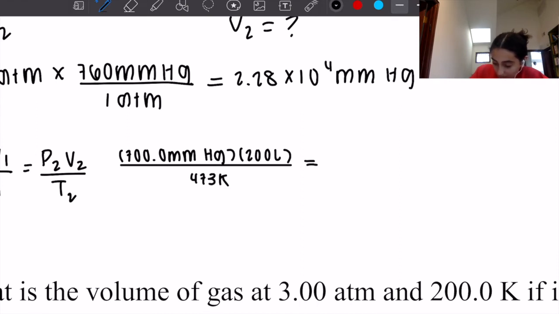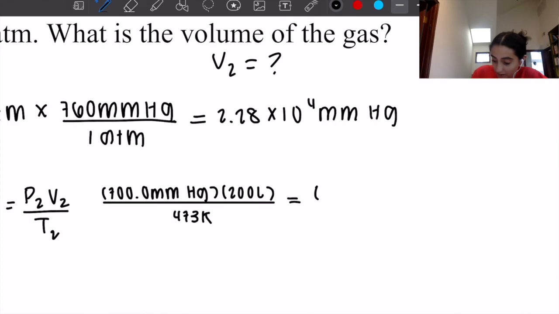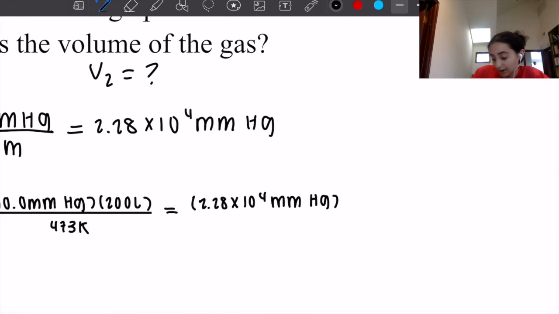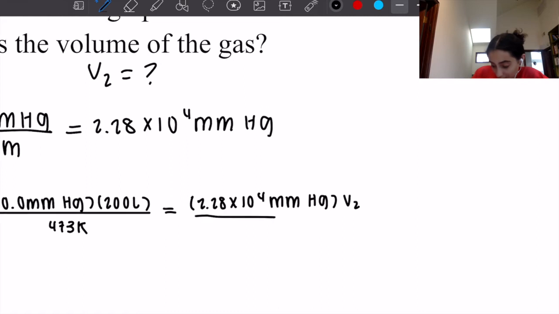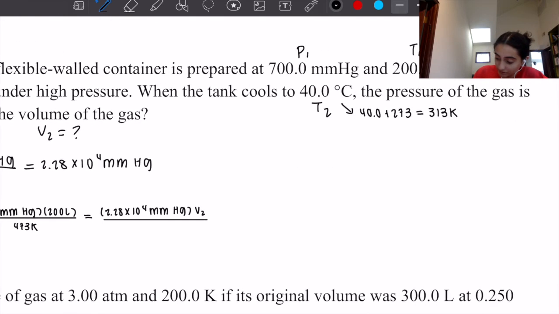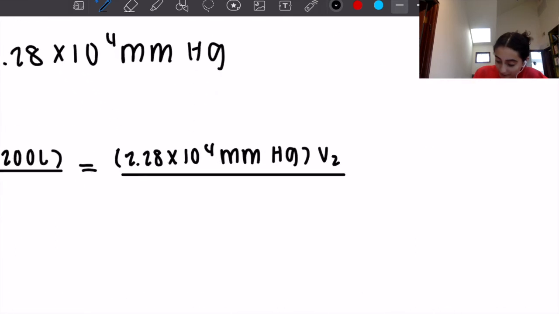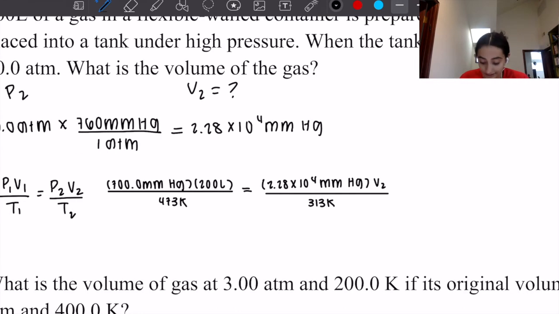And that is going to equal our final pressure, which is 2.28 times 10 to the 4th millimeters of mercury. We are looking for the final volume all over our final temperature of 313 Kelvin.